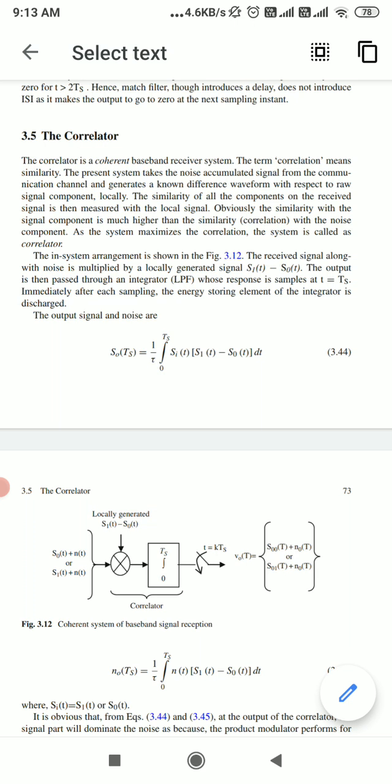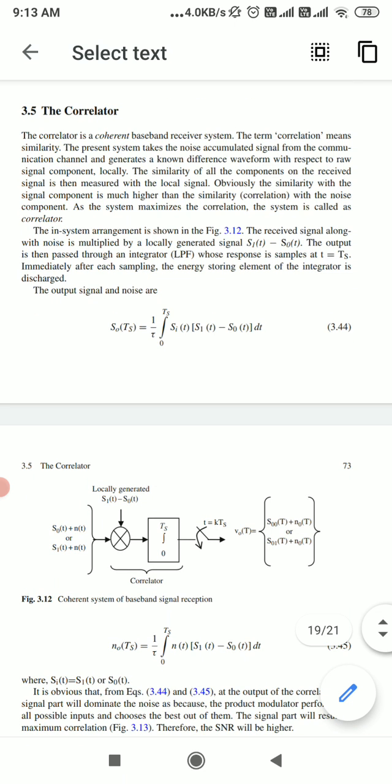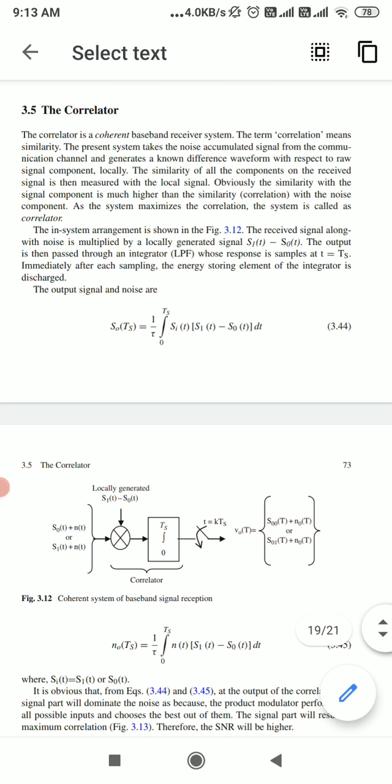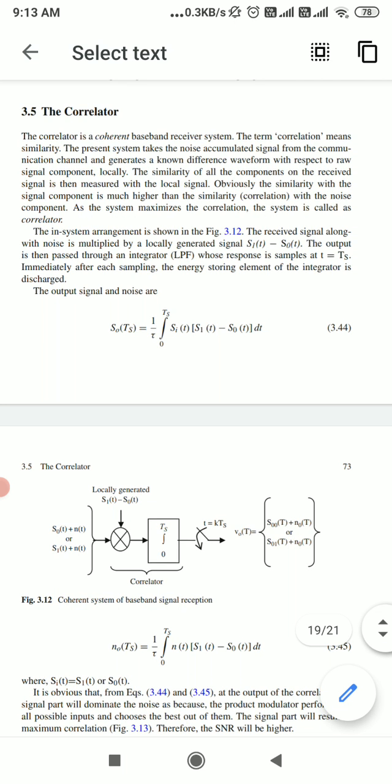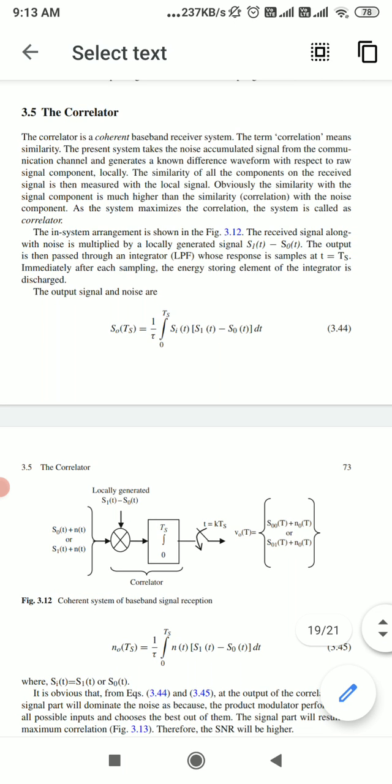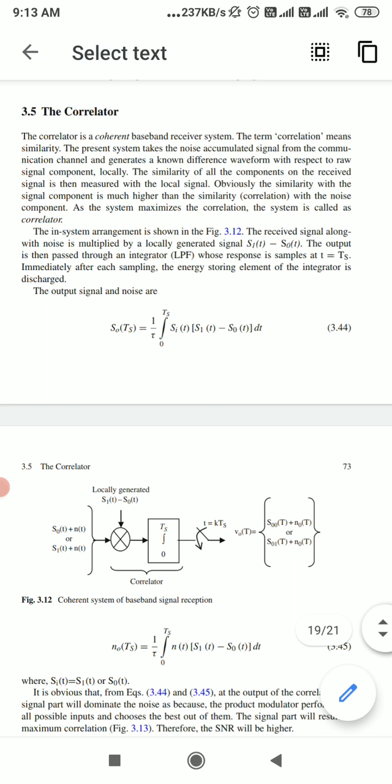So, we can say if we are using the correlator instead of the matched filter, at that time also we will get the same output. So, the performance of the two systems, the correlator and the matched filter, is the same. They are equivalent because they give the same performance.